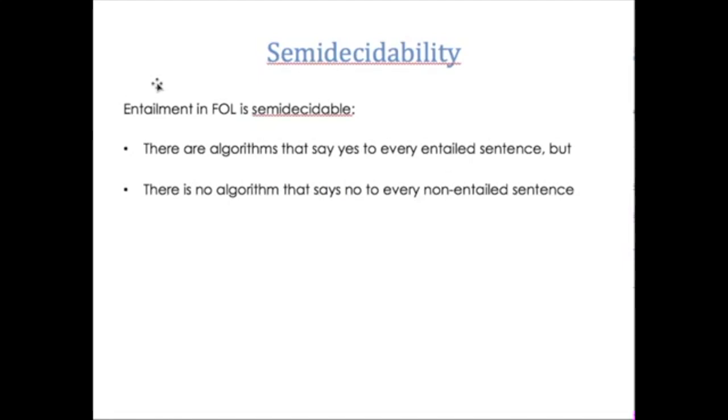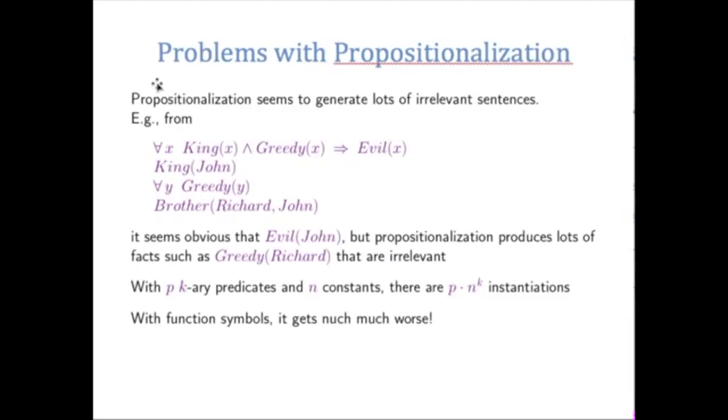In other words, the propositionalization will work for every entailed sentence, but there is no algorithm that says no to every non-entailed sentence. And interestingly enough, there's a kind of counterpart to this in Prolog. If something is true in Prolog, then we can prove it, but if it's not true, it may loop.